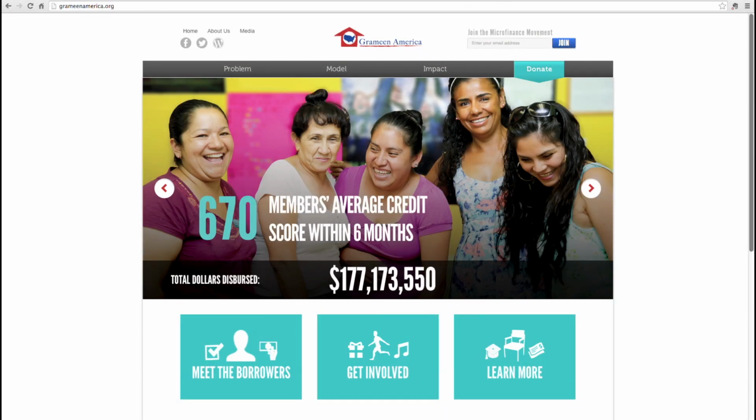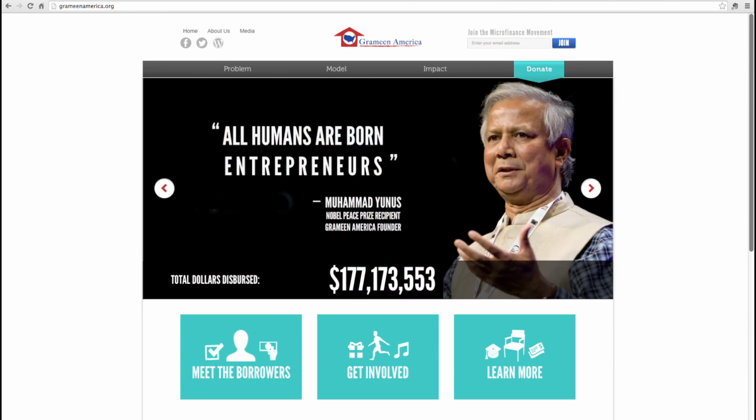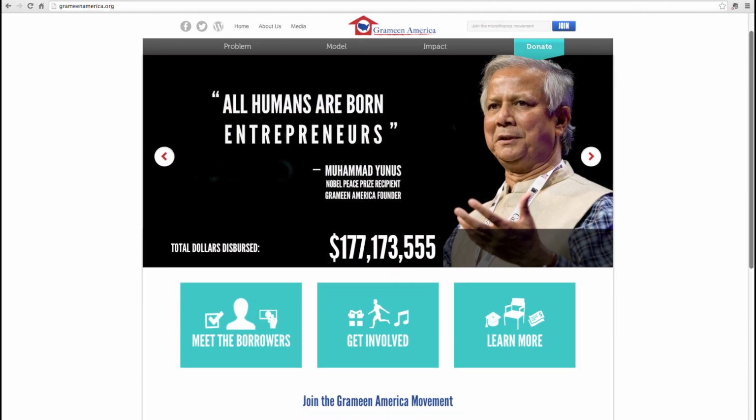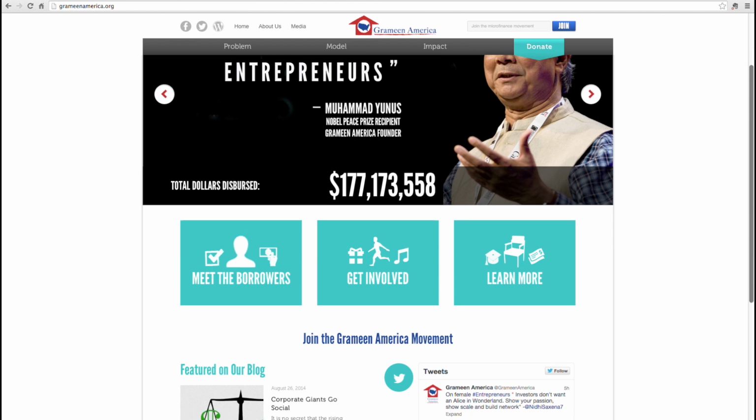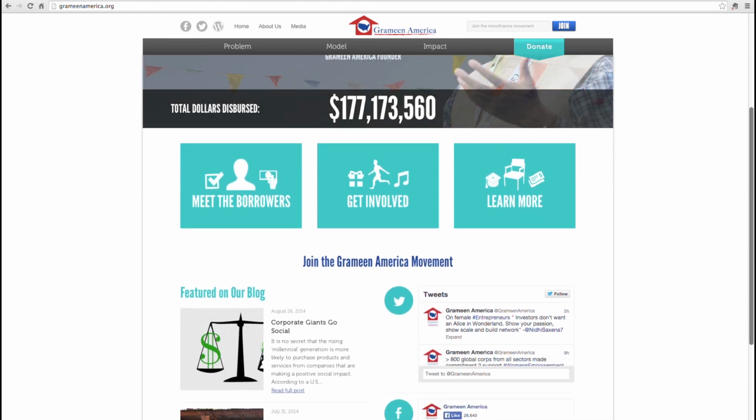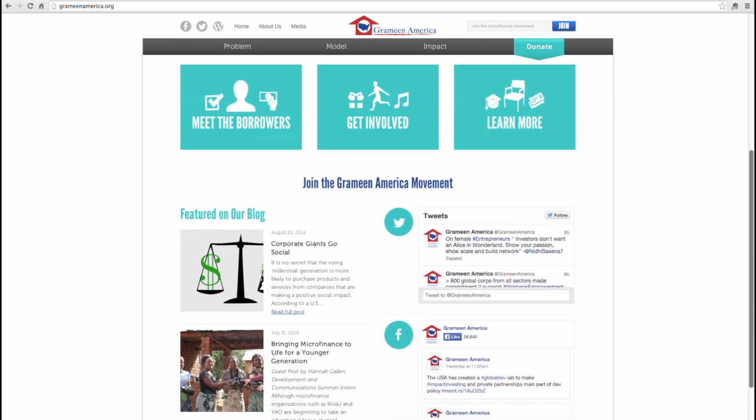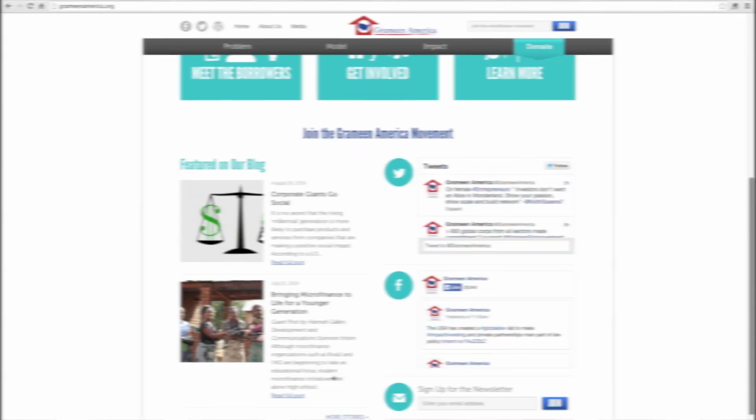But today, microfinance has transformed the lives of people in over 200 countries, including transforming the lives of the people in the richest country in the world, United States of America. This is a good example of reverse innovation, where an innovation in financial services starts in a poor country and then goes to transform the lives of people in a rich country.